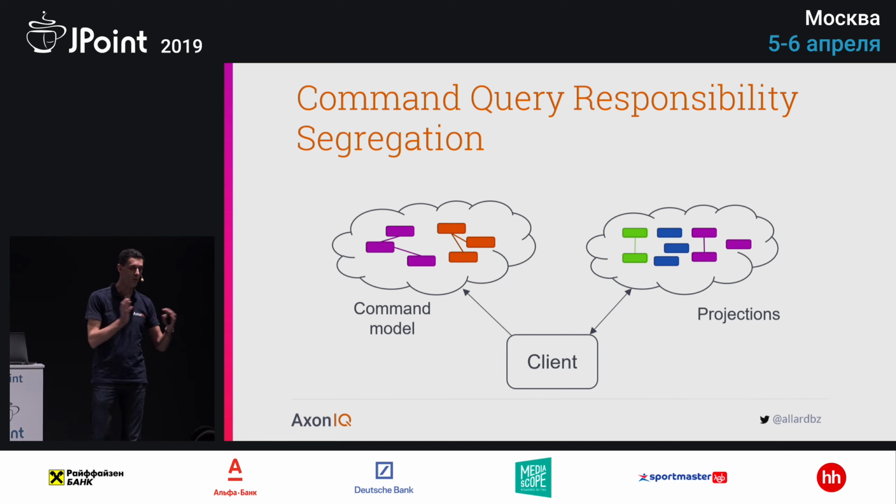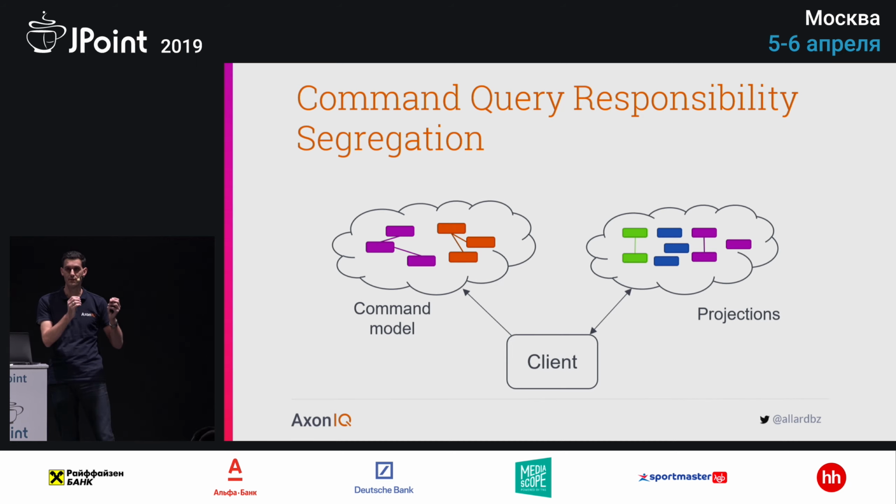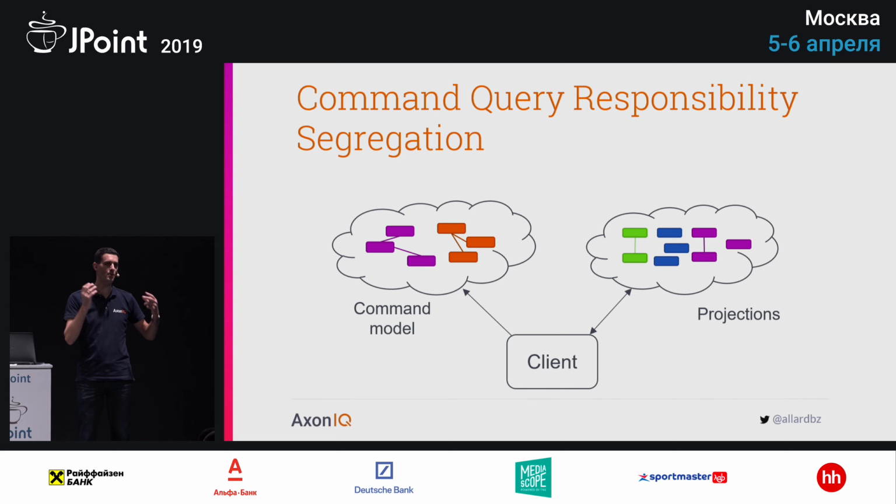So on one side, we'll have a command model that is focused on how we process incoming instructions to change the application state, versus the projections on the other side, which are optimized to provide information to whoever needs it from our system.